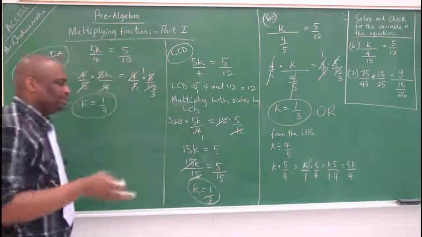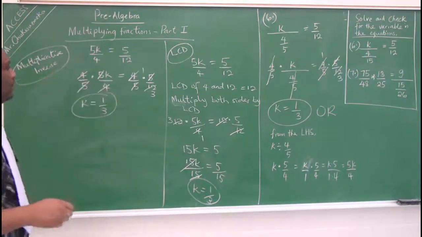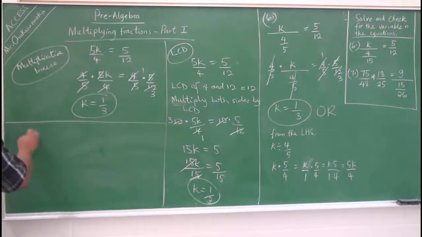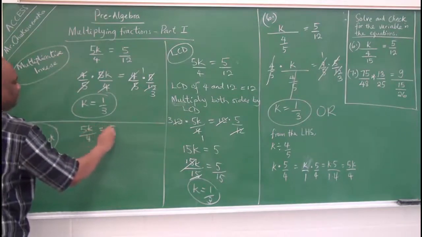So either way you choose. You can also use cross product. If I demonstrate it here, we have 5k over 4 equal to 5 over 12.